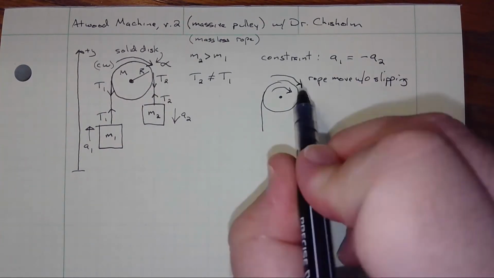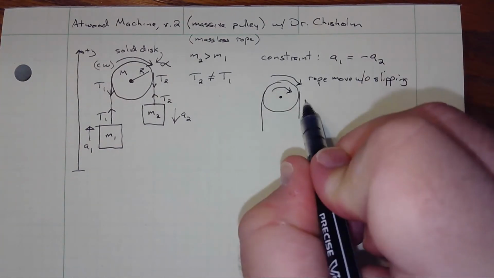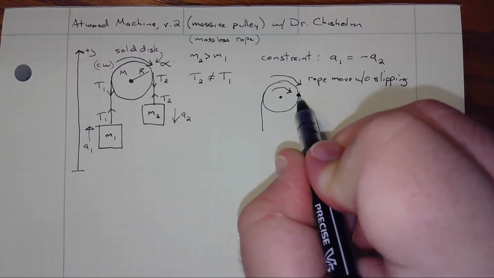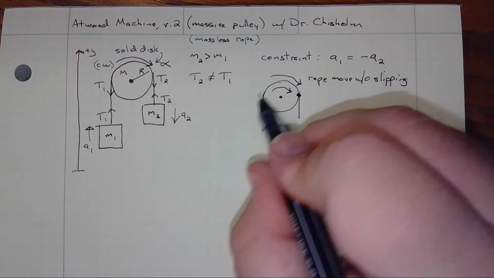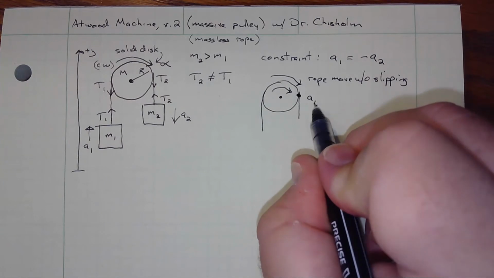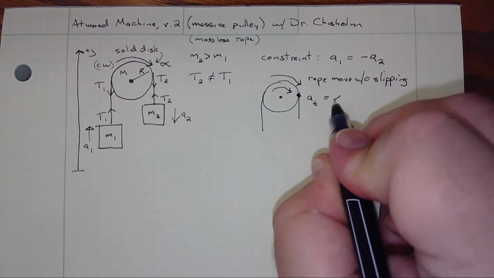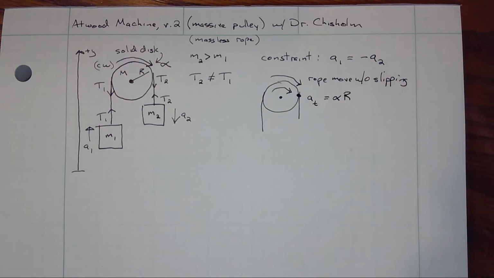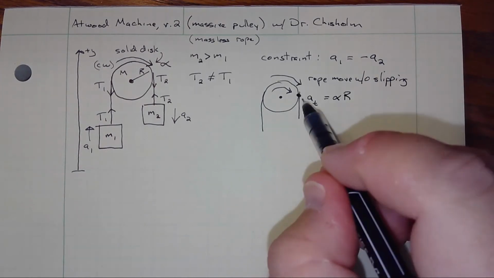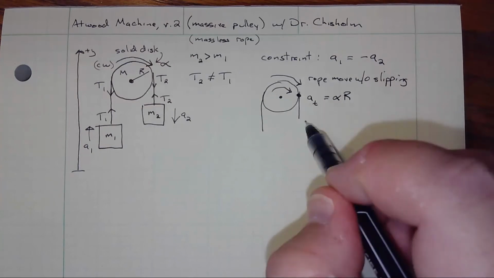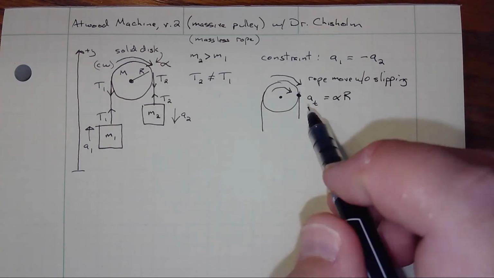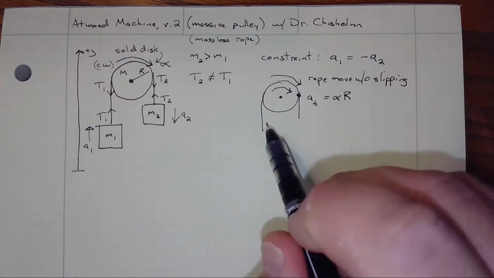But that means that if I look at the acceleration of a point on the rim here, as far as the pulley is concerned, that is a tangential acceleration, and its magnitude is just going to be alpha times R, but that also, since it's moving without slipping, must be the same as the acceleration of the rope. So now we're going to have a constraint because the rope is moving along here.